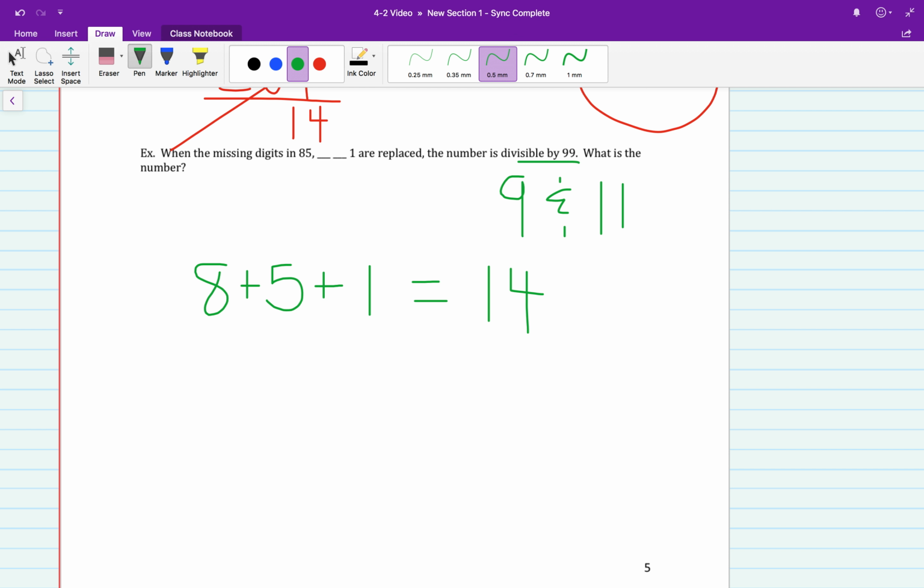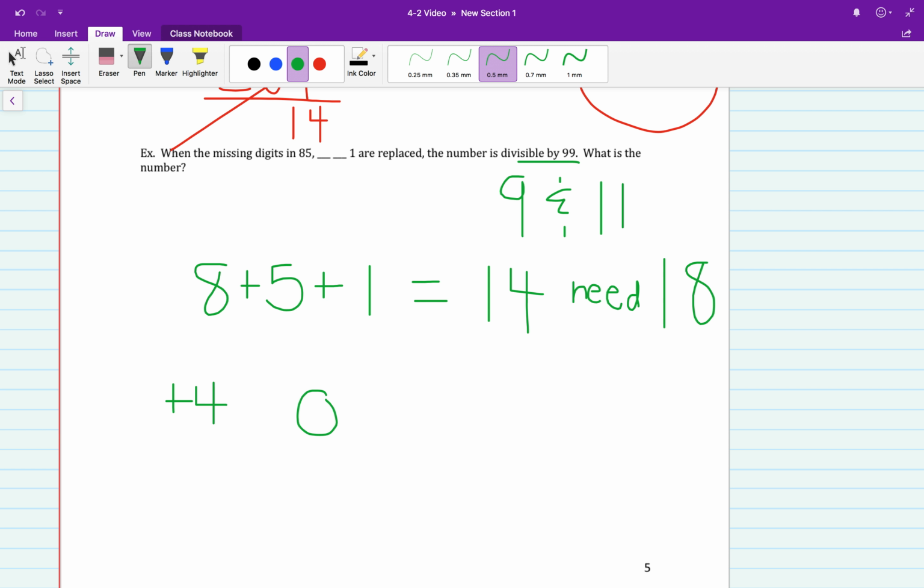The rule for 9 says if the sum is divisible by 9, then the whole number is divisible by 9. Well, 14 is not divisible by 9, but 18 is. So I have 14, but I need it to become 18. So 14 becomes 18 by adding 4. So I'm going to add 4.